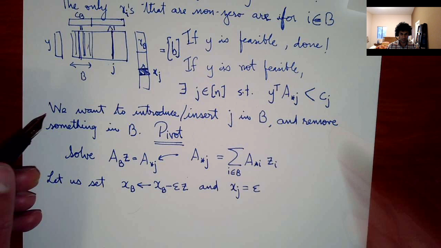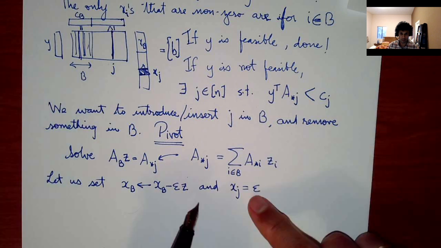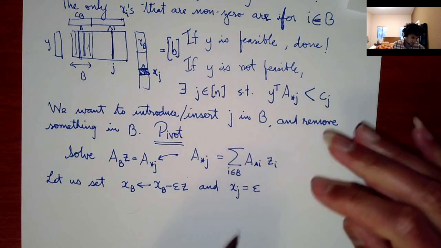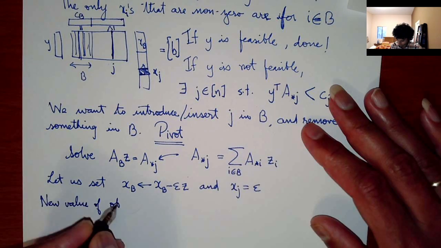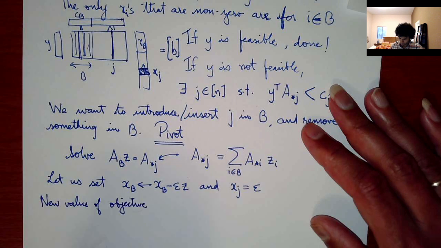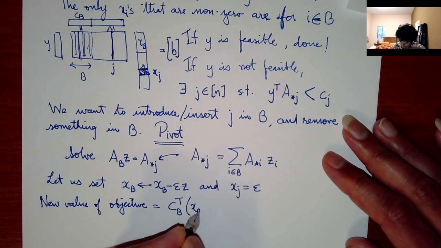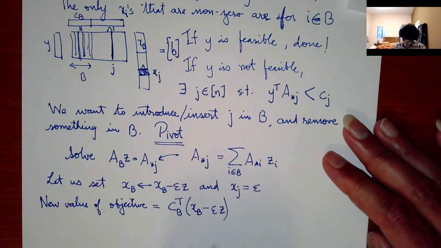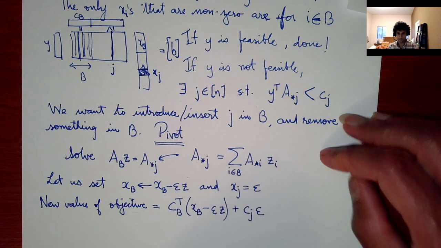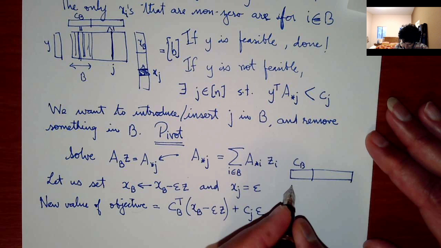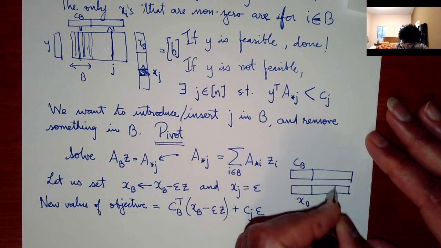This is not the pivoting. This is just telling you that when I make this change, you'll see that the objective value is actually going to increase. So what is the new value of the objective? The new value of the objective is C_B transpose (xB minus epsilon z) plus Cj times epsilon. C_B is just this portion of C here. Here is X, here is xB, and here is xj.